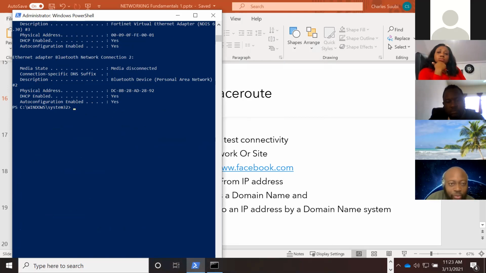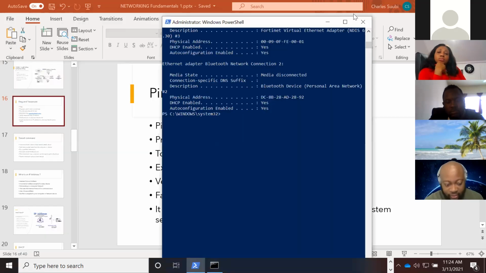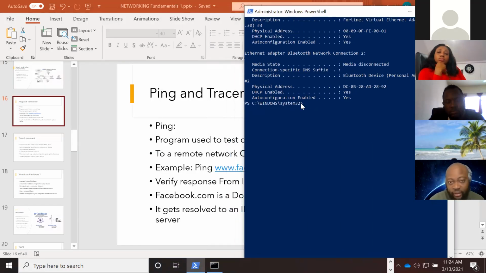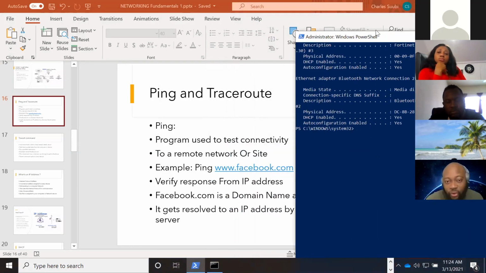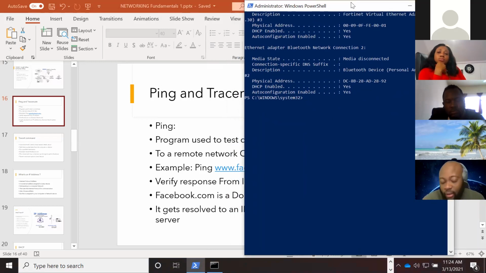Is it possible to see those protocols on this command line interface, the communication happening between my computer and the Facebook server? Can you also explain what happens when you ping the Facebook server, for example?